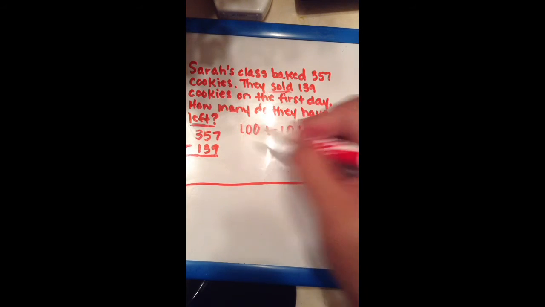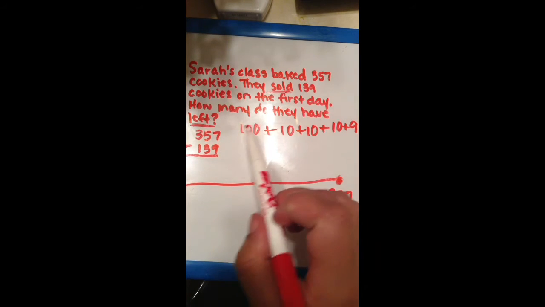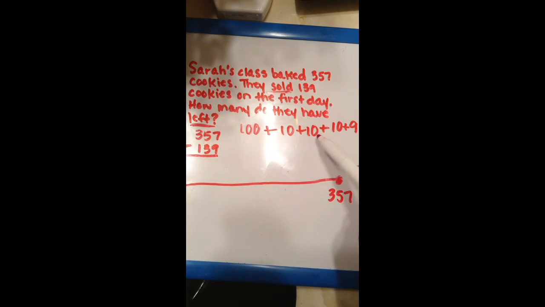And we have 9 units. So what we want to do is subtract these numbers one by one from 357. So we're going to jump back like this and put minus 100.